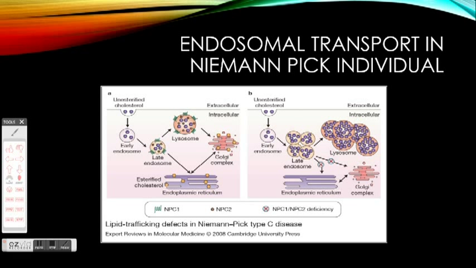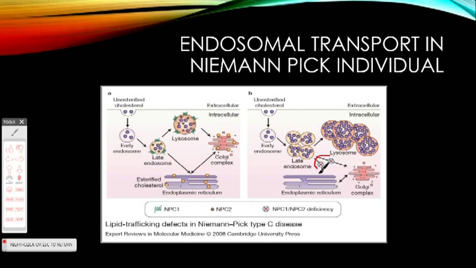What this means is that the late endosome cannot, as is seen here, bind with either the endoplasmic reticulum or the Golgi apparatus. This results in a buildup of unesterified cholesterol within the late endosome and the lysosome, resulting in the enlargement of cells in which this gene deficiency affects most.